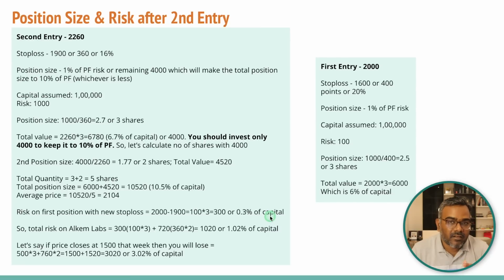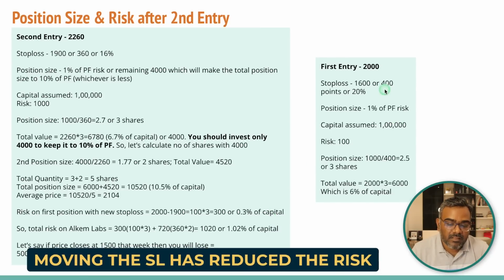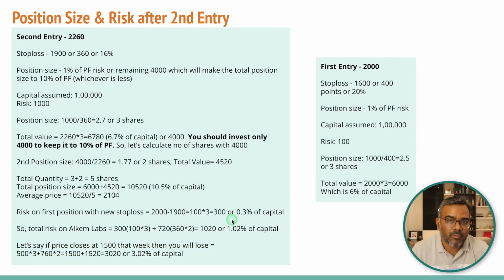So by raising your stop loss from 1600 to 1900, your risk on the first position has come to 0.3% of your capital, right? Which has come down almost by 0.7%. So the total risk on Alchem Labs is going to be 300 from your first position and 720 from the second position.